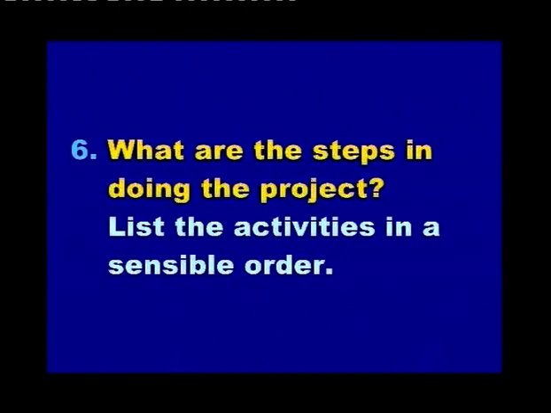Steps is actually talking about the types of activities that you are going to do in carrying out that project. And those activities have to be listed in order. Which comes first and which comes next until you come up with the completed product or whatever you plan to make. Now, so those are the factors or things that have to be considered when making an action plan.